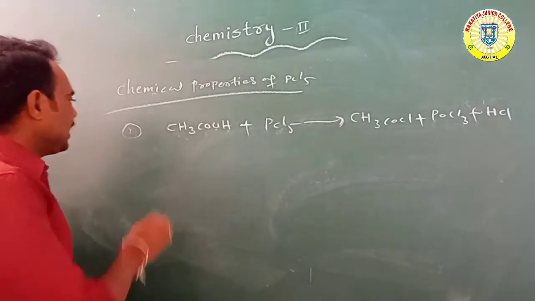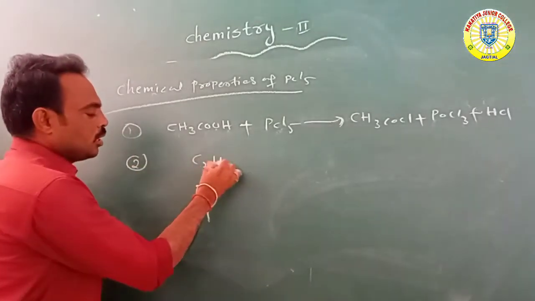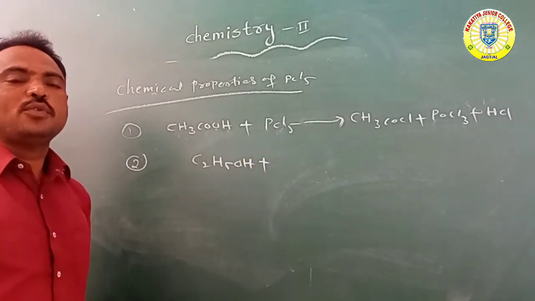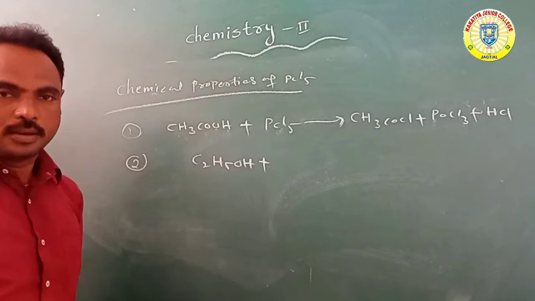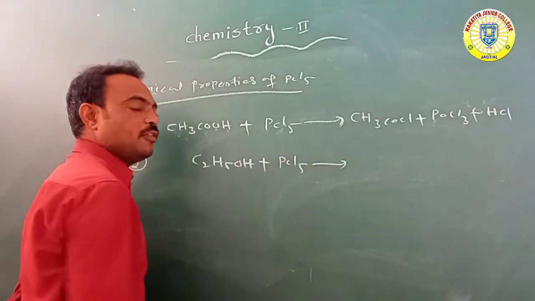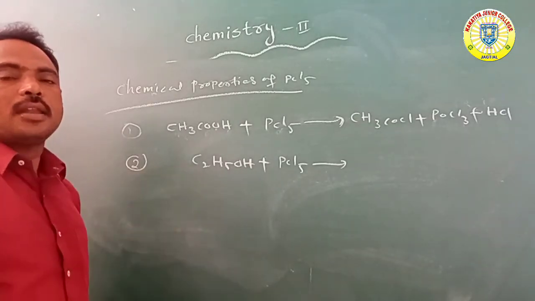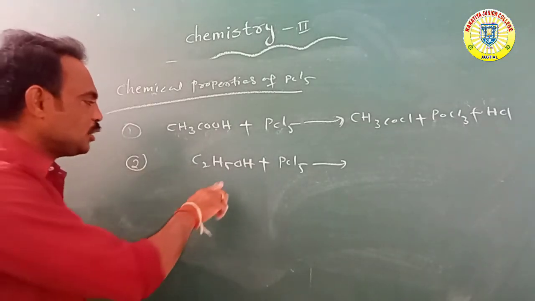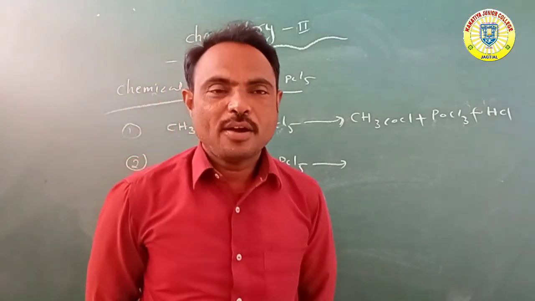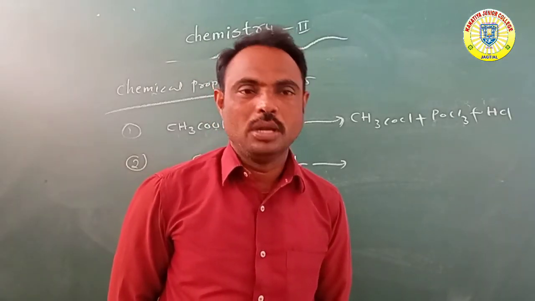Or suppose it reacts with C2H5OH. C2H5OH means ethyl alcohol, also called ethanol. What is the IUPAC suffix for the alcohol functional group? The suffix is ol, so ethanol.